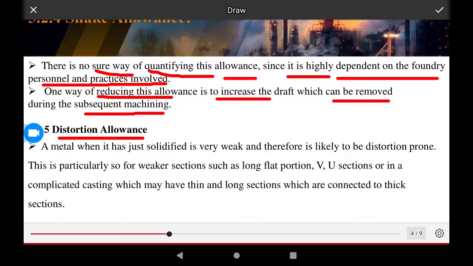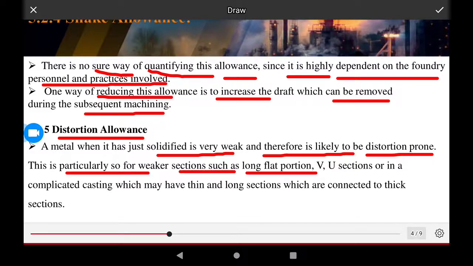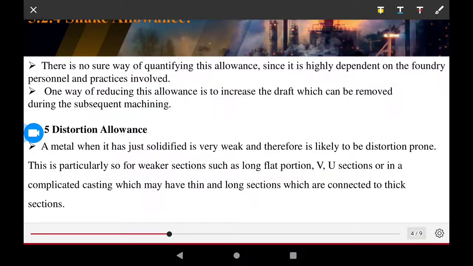A metal, when it just solidifies, is very weak and distorts, particularly in the workpiece sections, such as long surfaces or V sections in complicated castings, which may have long sections connected to thin sections.